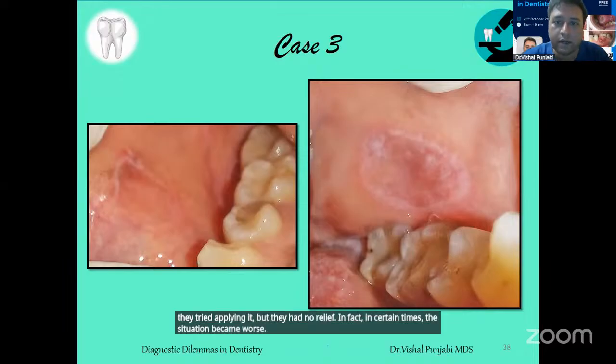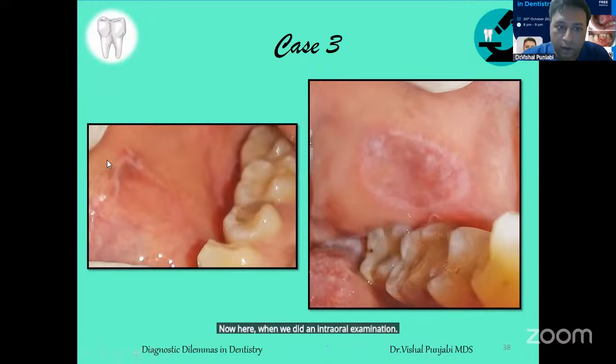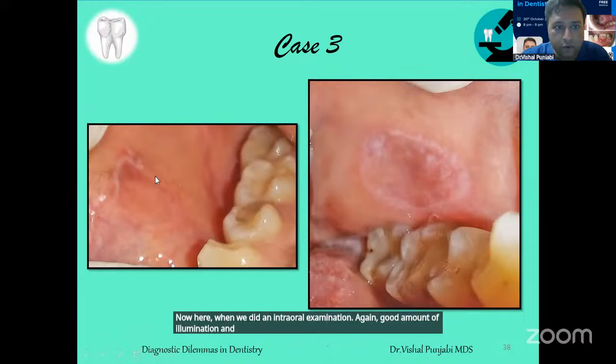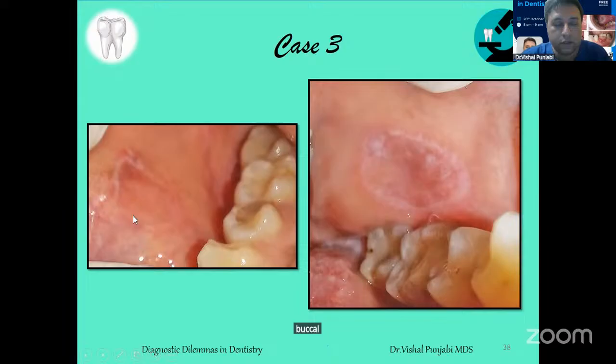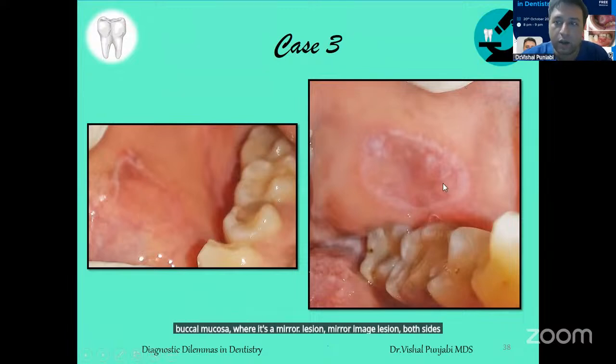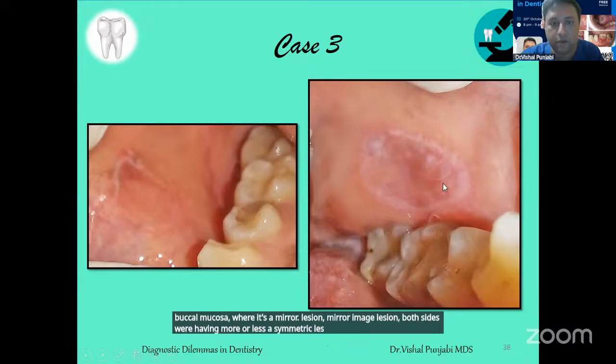Now here, when we did an intraoral examination, again with a good amount of illumination and reflection, we could see certain gray-white patches, gray-white areas on both the buccal mucosa, on the right as well as the left buccal mucosa, where it is a mirror image lesion. Both sides had more or less a symmetric lesion.